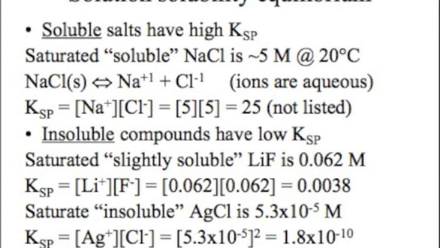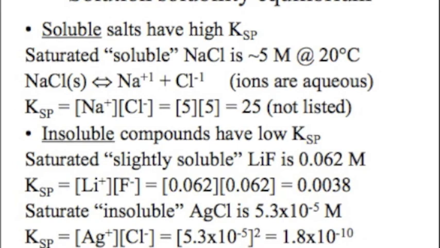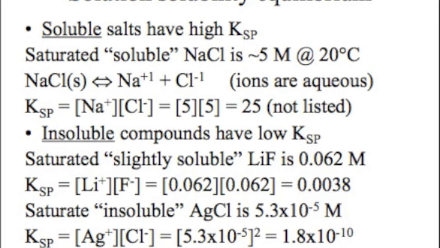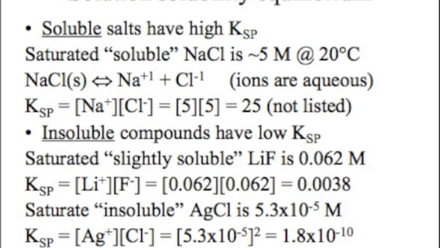Compare that to something that we thought was insoluble, silver chloride. We used to think there's a chemical that will not dissolve. Matter of fact, we just did an experiment where silver chloride was the precipitate, not dissolving. However, it does dissolve.